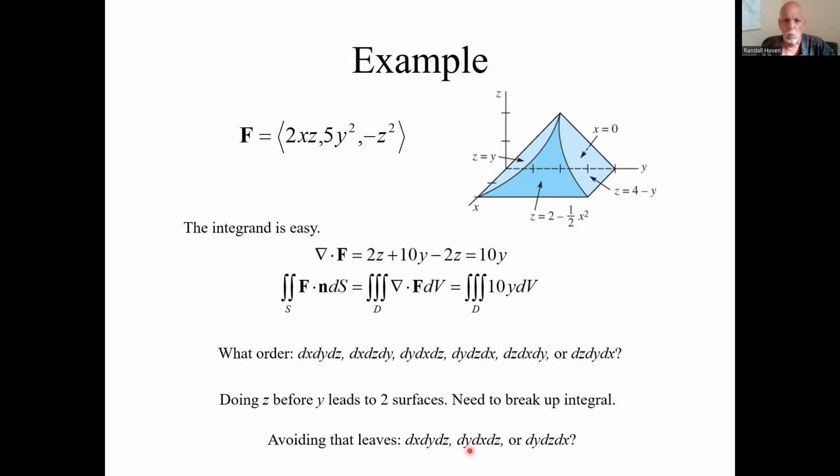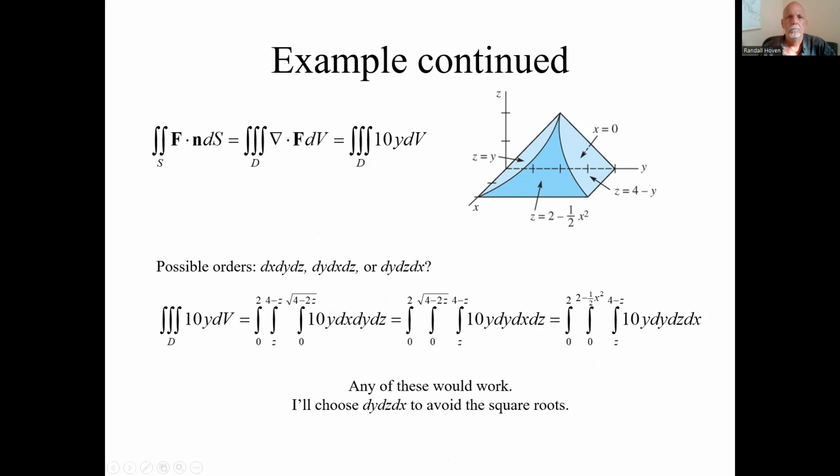x y z, y x z, or y z x. These are the 3 surviving permutations where we do y before z. And actually, we could do any one of those. Any one of those 3 would work. Let's do x y z.